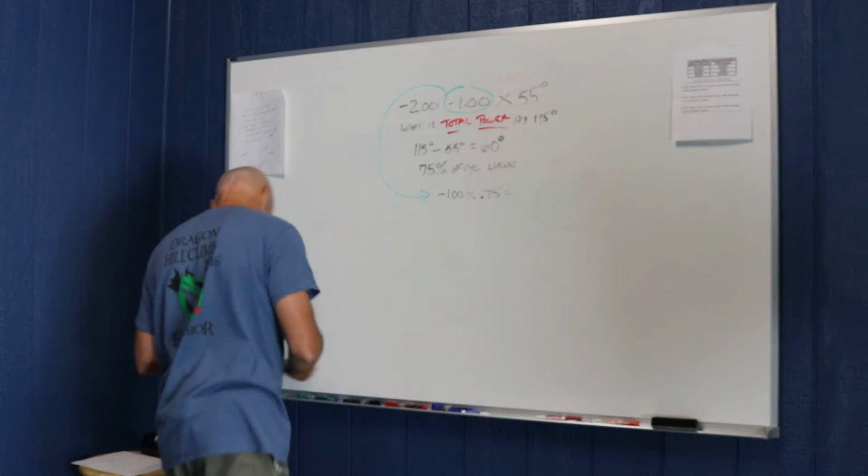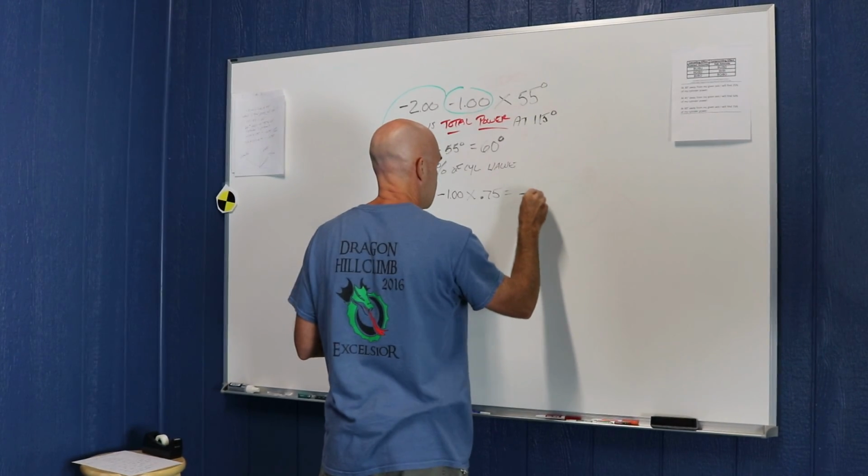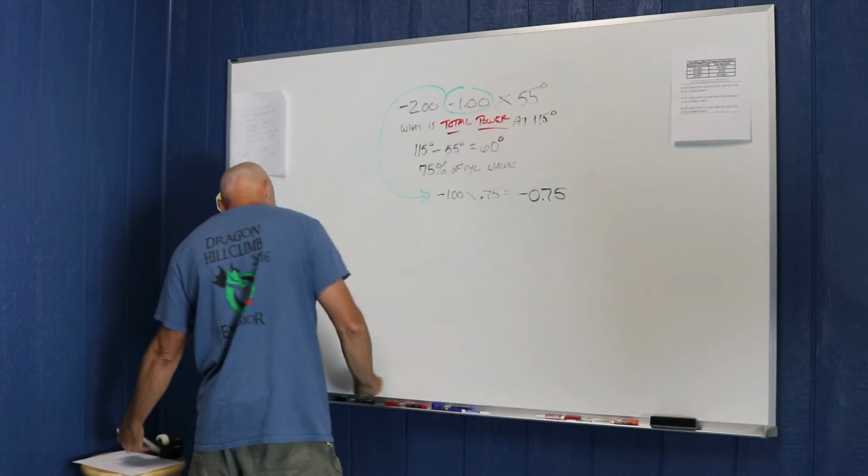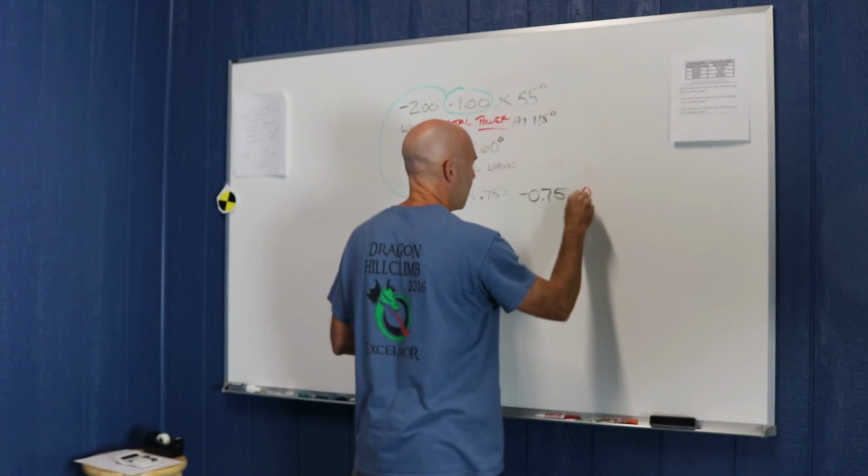Take my minus 1 times 0.75. Look at that, I'll be darned. Minus 0.75. And by now you're getting the hang of this and you're thinking, I'm not done.